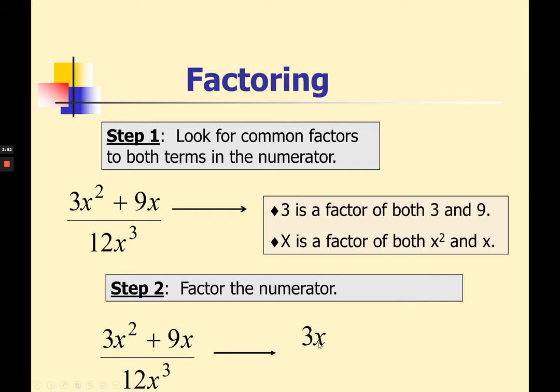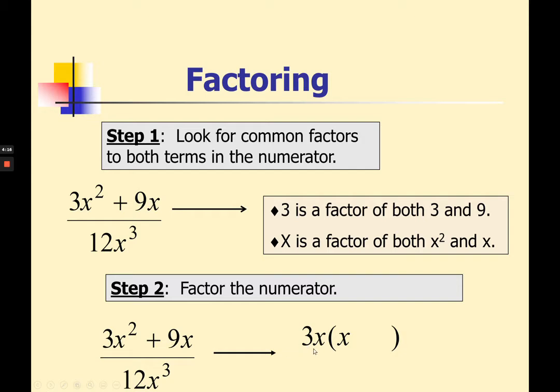After writing it down, when you say factor, what do you multiply to 3x to get 3x squared? You need x. X is the remaining factor after factoring out 3x from 3x squared. When you factor out 3x from 9x, you are left with 3.